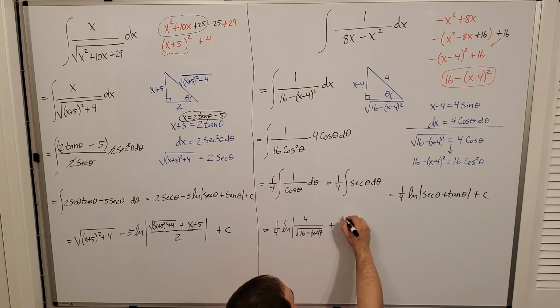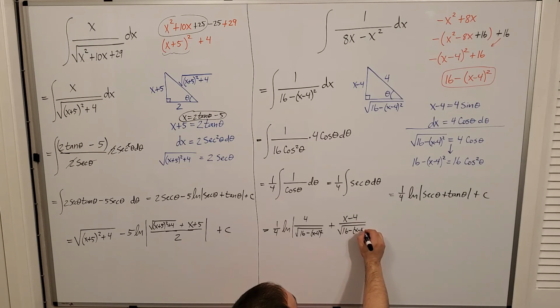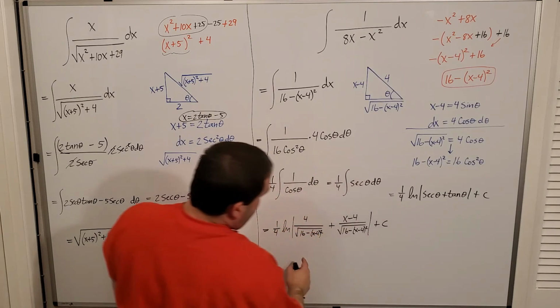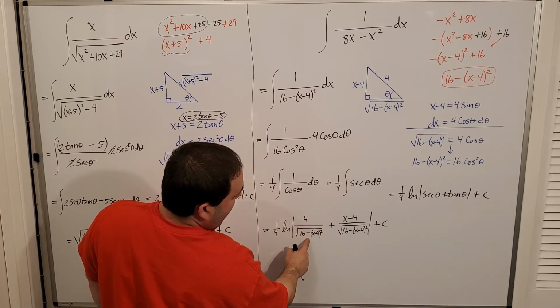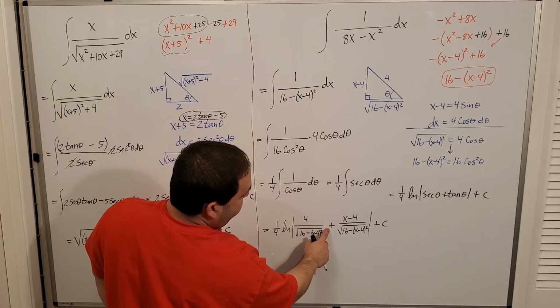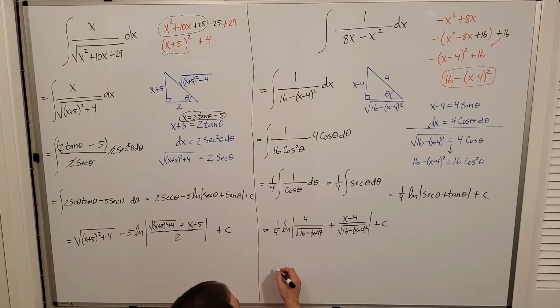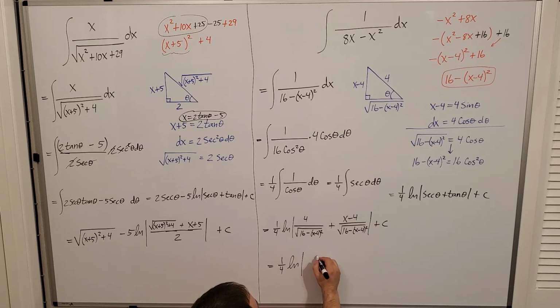So that's going to be x minus 4 over the square root of 16 minus (x minus 4) squared. Now notice both of these have the same denominator again. And if I do 4 plus x minus 4, that works out really nice. It gives me just x. So I can finish this up with 1/4 ln absolute value of x over the square root of 16 minus (x minus 4) squared.